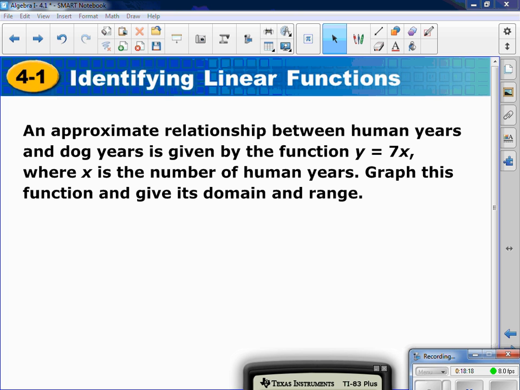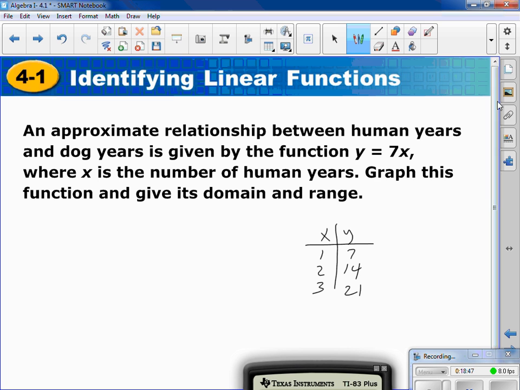For this one, it doesn't make sense to have negative numbers because we can't have negative time. So we can only use positive numbers. So I'll use 1, 2, 3. Plug it into the graph. What's 1 times 7? 2 times 7. And 3 times 7. It's 21.